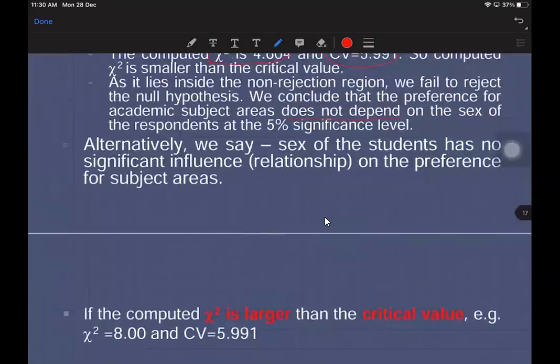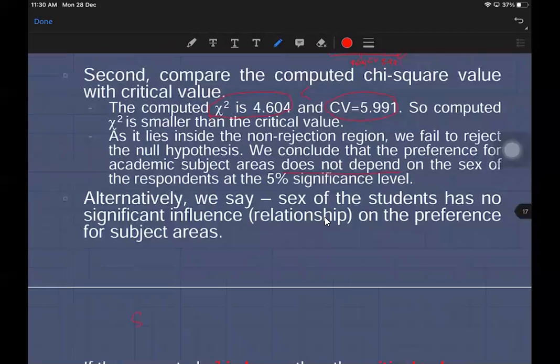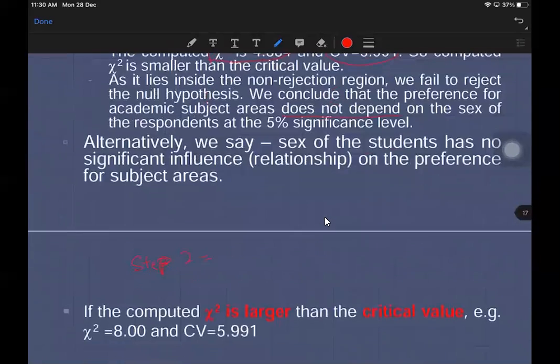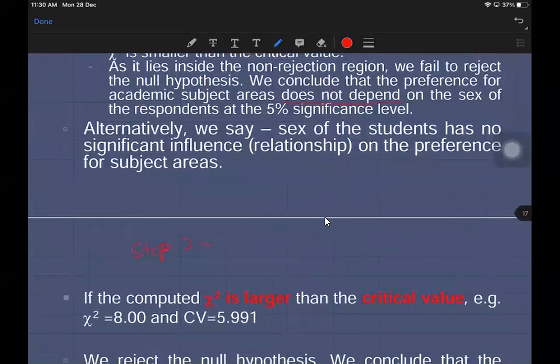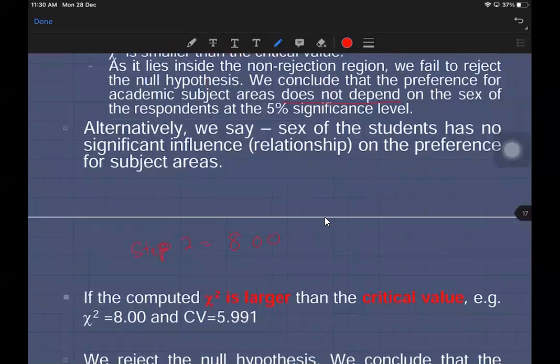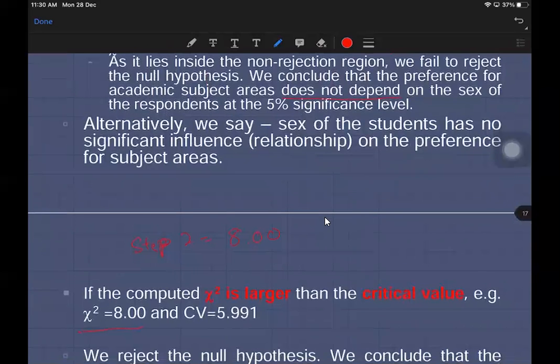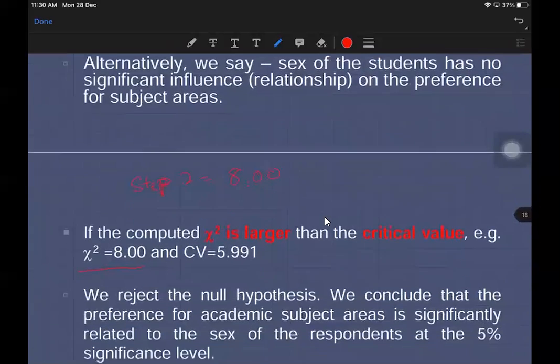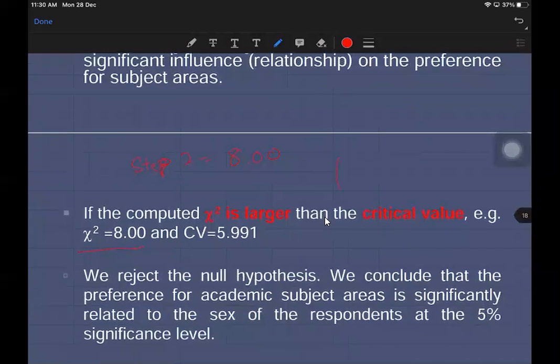But let's say, for example, the computed value in step number 2 is 8.0, just as an example. The critical value is 5.991 and 8 is somewhere here, so the value of 8 is in the rejection region, our alpha.